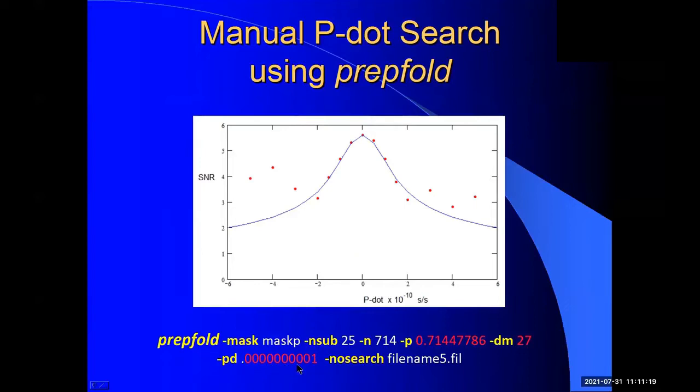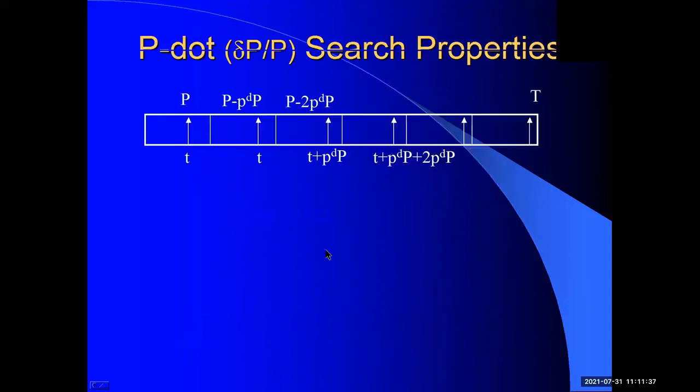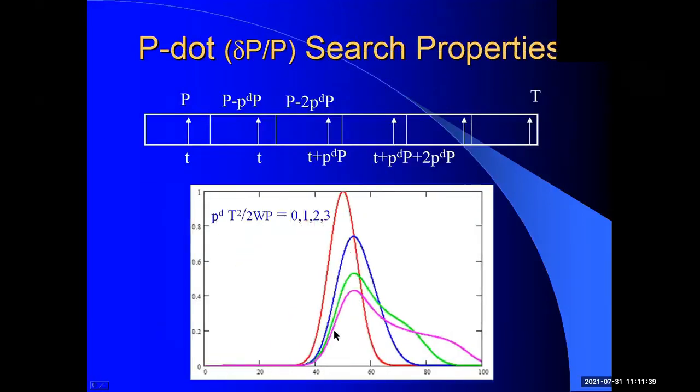And the same thing happens with period rate. You change this in parts per 10 to the 10 seconds per second. And once again, you can use prepfold and the signal to noise ratio plot to get these points. And then you can check them with this theoretical plot. In this case, it's a lot more complicated because the periods are changed.